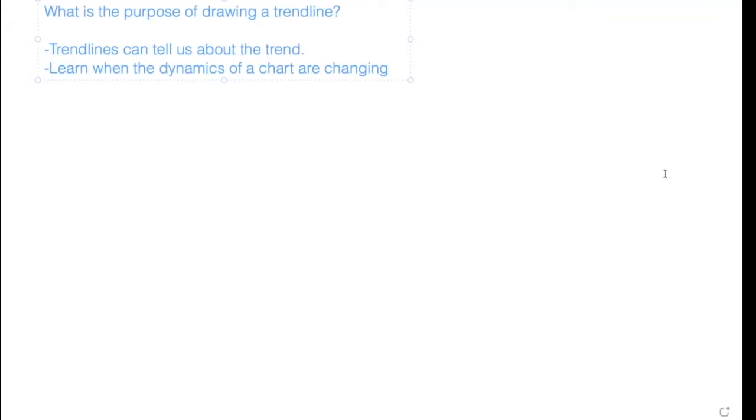Why this is very important is that we use trend lines with something we call top-down analysis. Here, you look at three different time frames before you decide in which direction to trade.